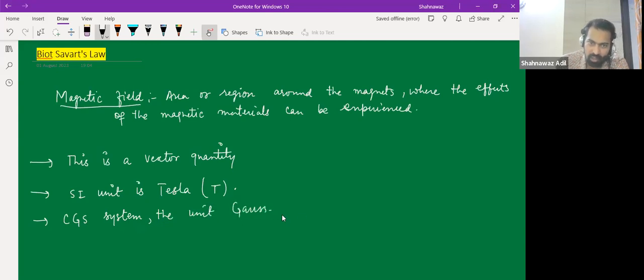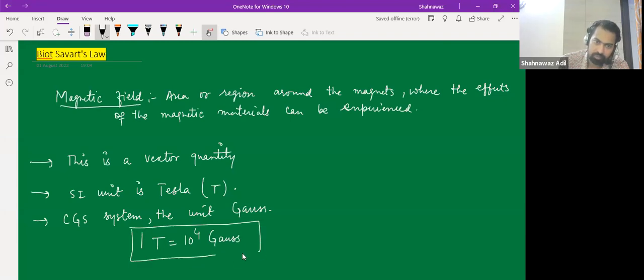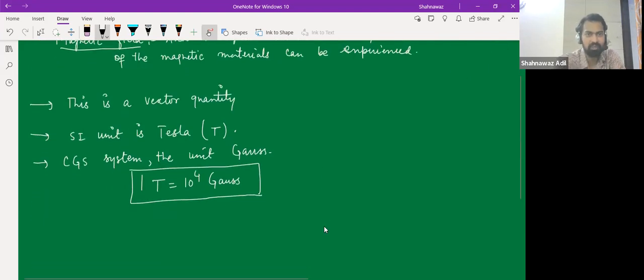This is more general, so everywhere you will see the magnetic field represented by this. This Tesla is related to Gauss by this much. And since this is a vector quantity, it follows vector sum.